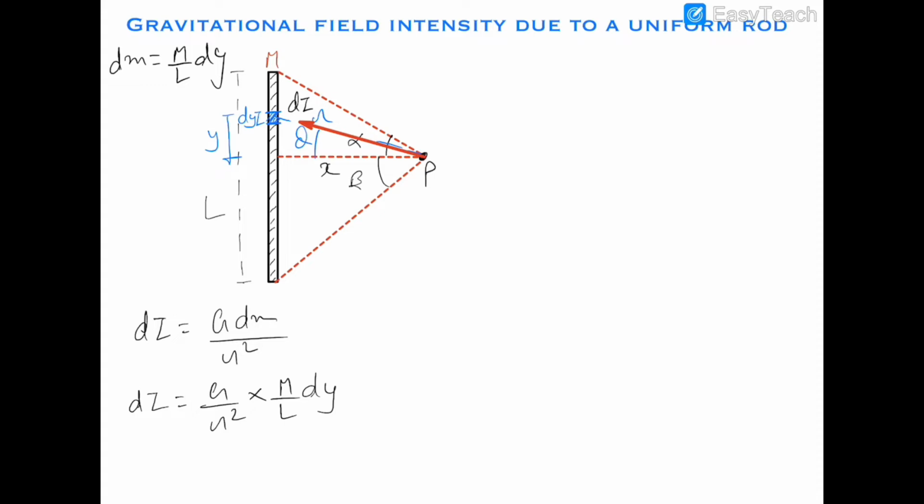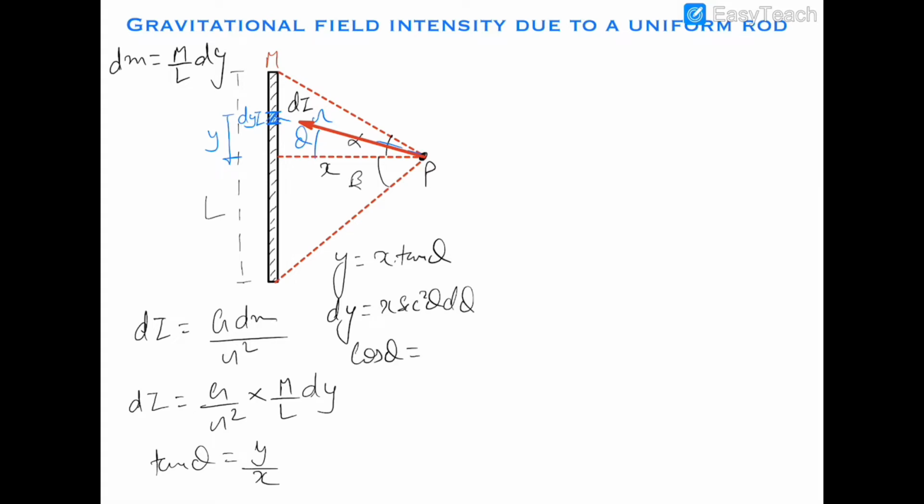You can see that tan theta is equal to y upon x, and y will be equal to x tan theta. So dy would be equal to x sec square theta d theta, and you can also see that cos theta is equal to x upon r. The value of r will be x upon cos theta.